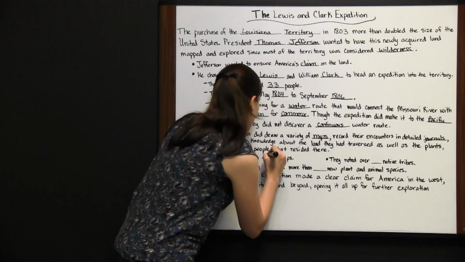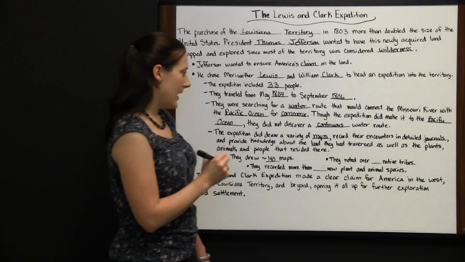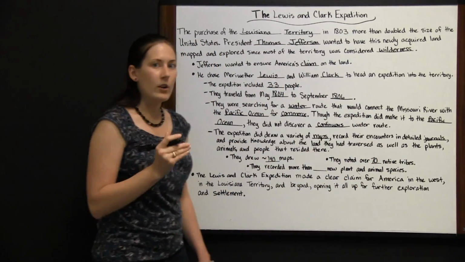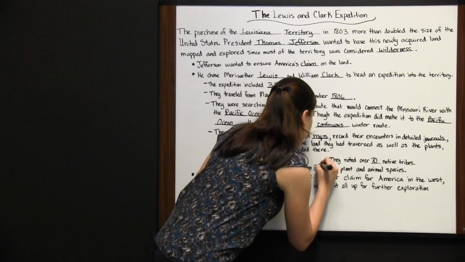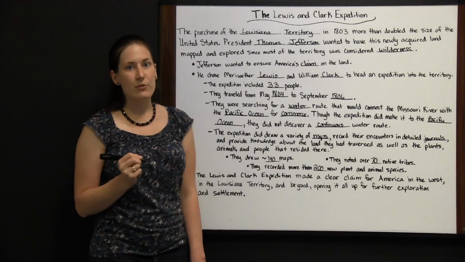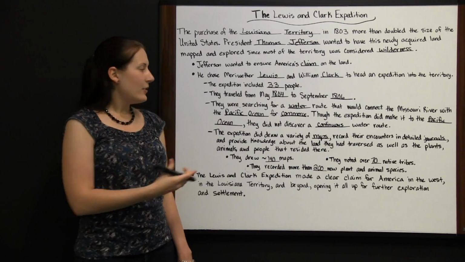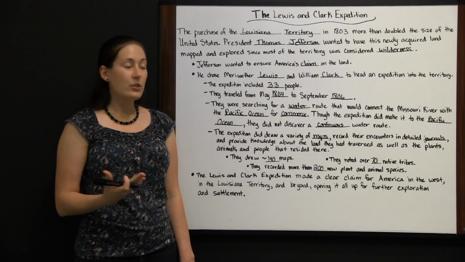So they drew about 140 maps during their 2-year expedition. They noted over 70 native tribes that were along their route, and they recorded more than 200 new plant and animal species. So, while they didn't do everything they set out to do with finding that continuous water route, they did accomplish a lot.